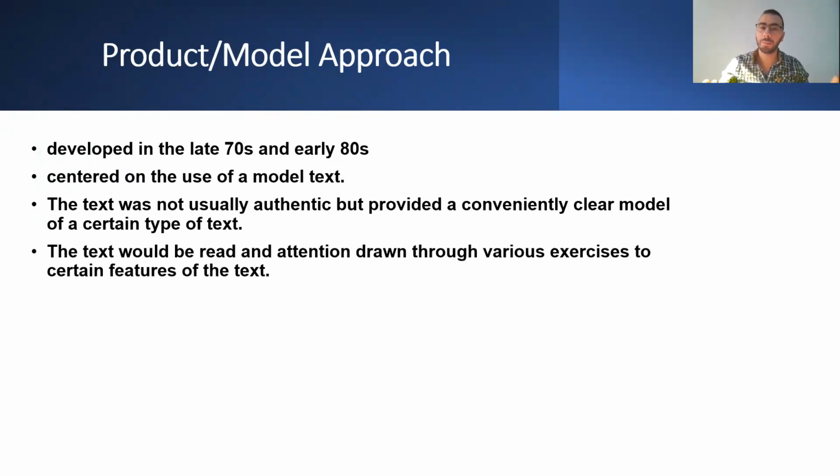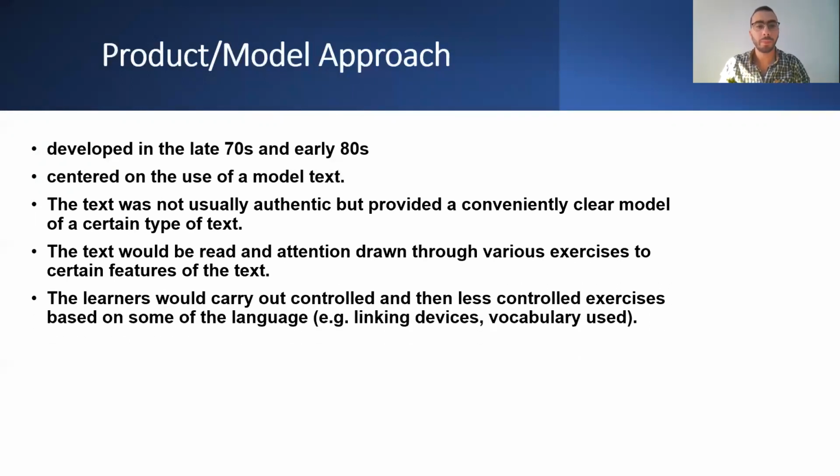And then one of the most important parts is that this text will be read and there will be attention drawn to the genre, the type of the text, the language, the features, everything, so that they can use it later on. And of course, we will have many controlled and less controlled exercises based on some of the language in the text. We might focus on linking devices.